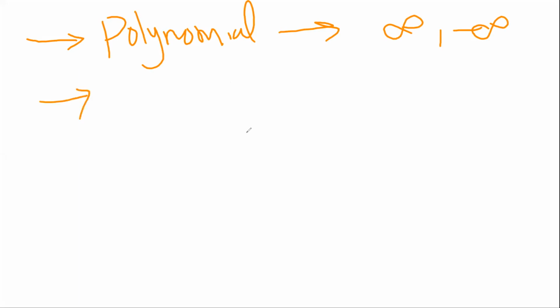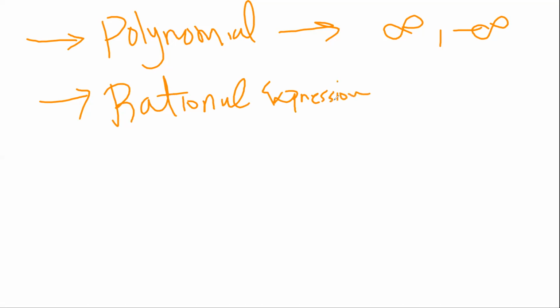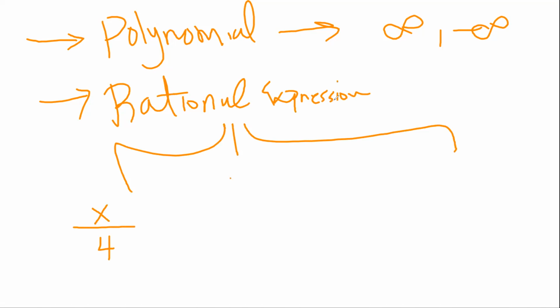If we have a rational expression, we can classify it into 3 things. After you simplify it, it could be x over 4, as an example, or 4 over 3, or 4 over x.